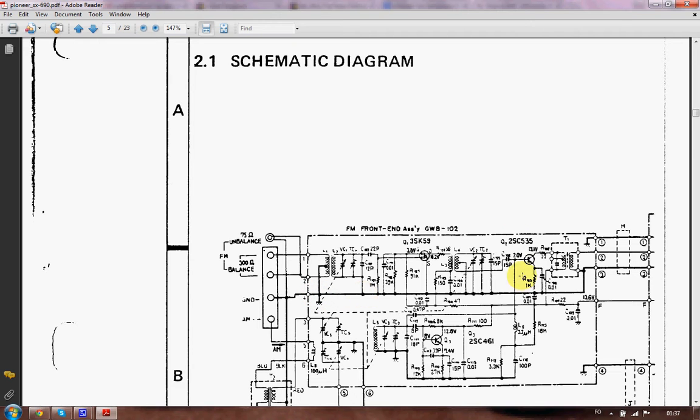Now you can see that here, where I have the mouse right here, and go down to this first transistor right here, you would expect 20 volts when your unit is on, and that should be about it.